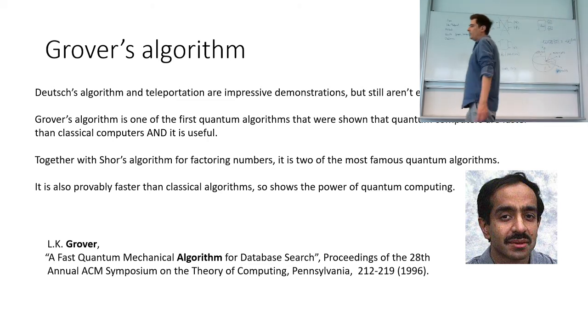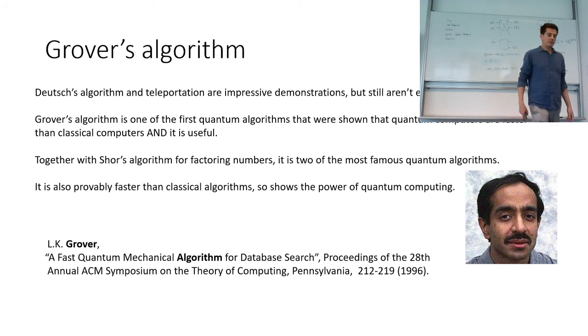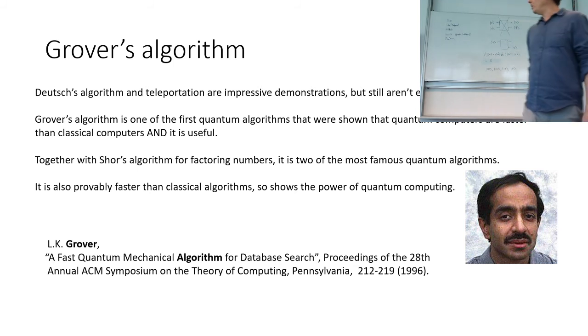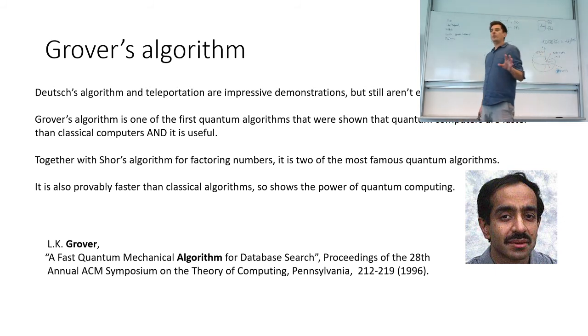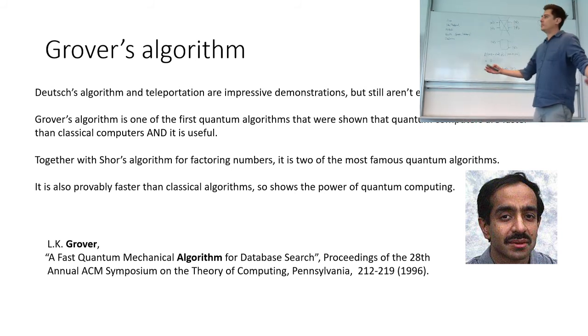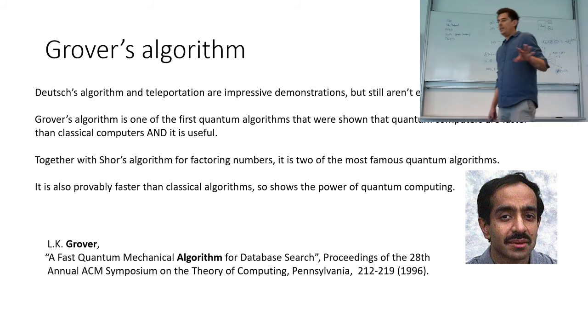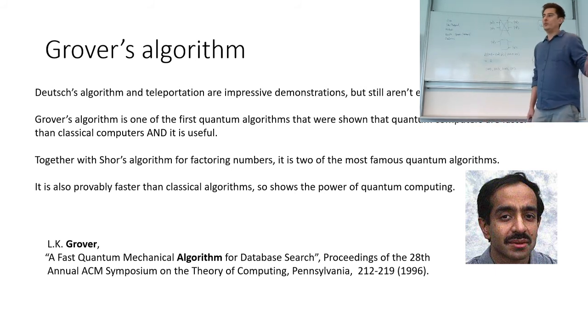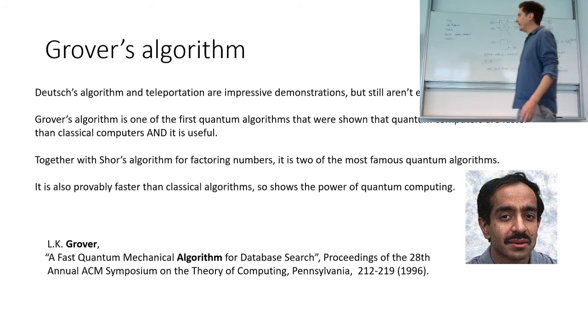And the reason why Shor and Grover are the most famous is because these are potentially useful algorithms. So Deutsch's algorithm was okay, great, it showed us that there's some kind of quantum speedup, but basically it was a completely useless problem, right? So you could easily dismiss it and go, okay, very nice theory, but has no real world applications.